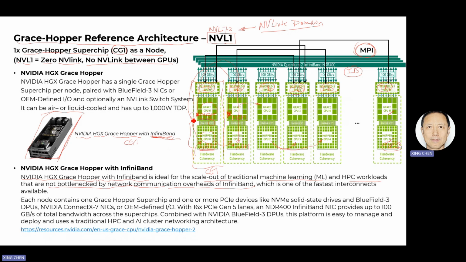There is no difference between the host and the GPU regarding the memory. So the MPI communication scheme is going to be simplified. Every MPI library could work with this Grace-Hopper system, because there is no more difference from the MPI communication scheme's point of view.